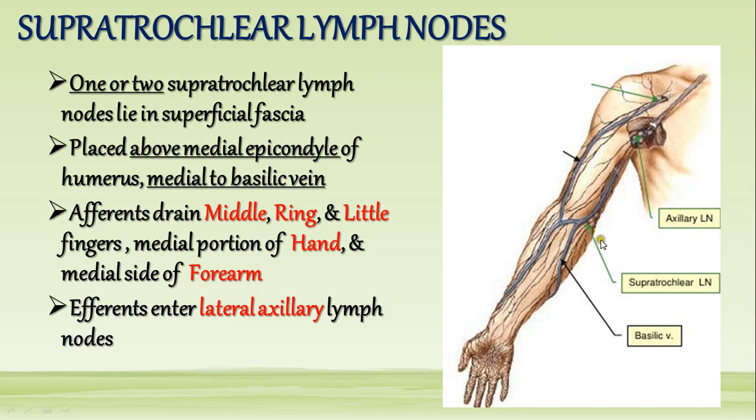The afferents of these supratrochlear lymph nodes drain the middle, ring and little finger, the medial portion of the hand and the medial side of the forearm, while the efferents from the supratrochlear lymph nodes enter into the lateral axillary lymph nodes.